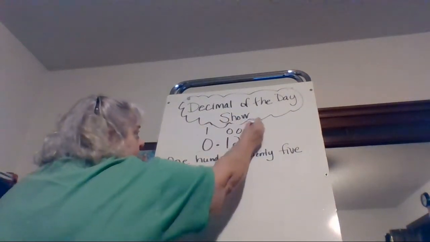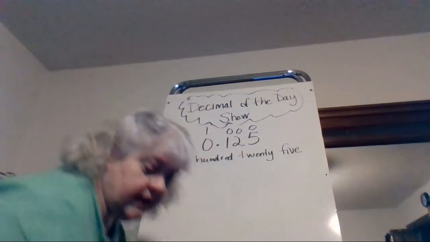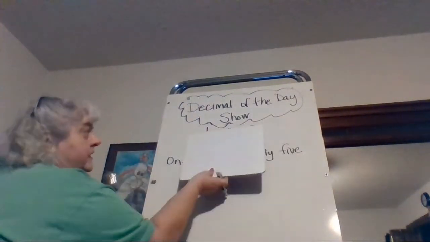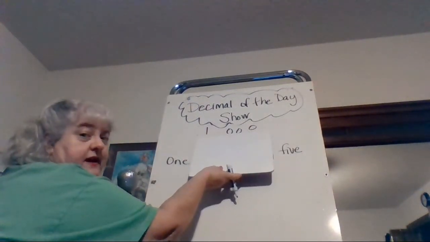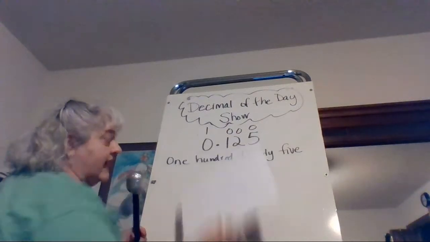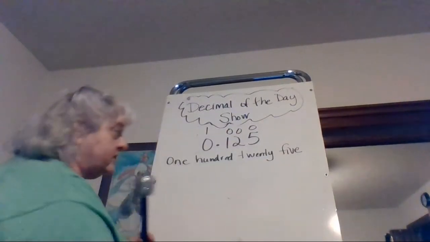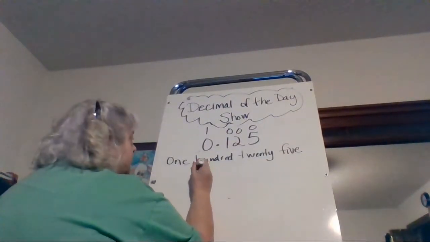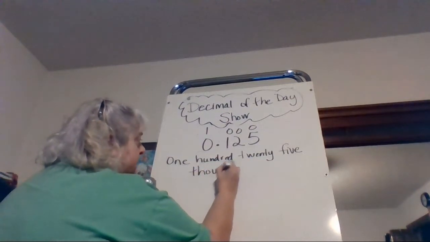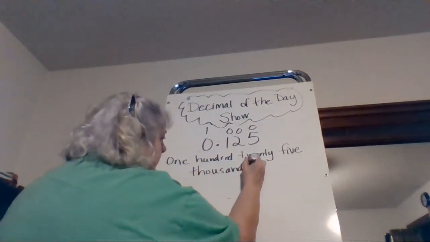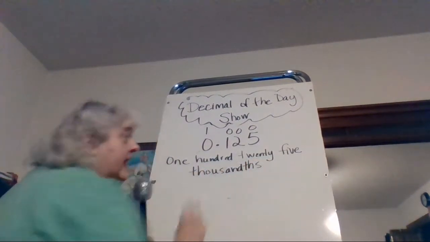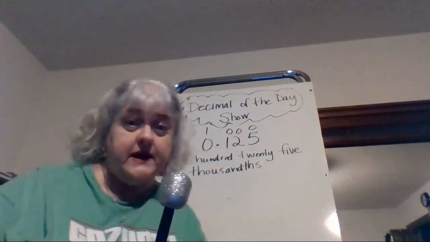Fill in with zeros. When you look here at the top, you'll see that you made the number 1,000. That means that the 5 is in the 1,000ths place. So 125 thousandths. I hope that you have that correct.